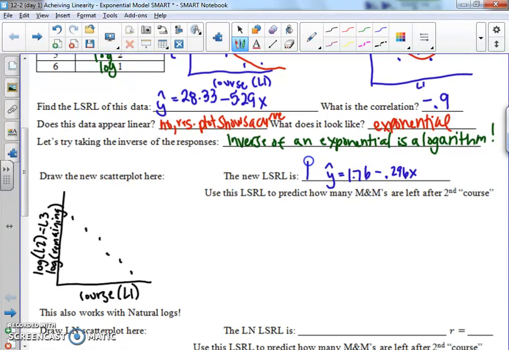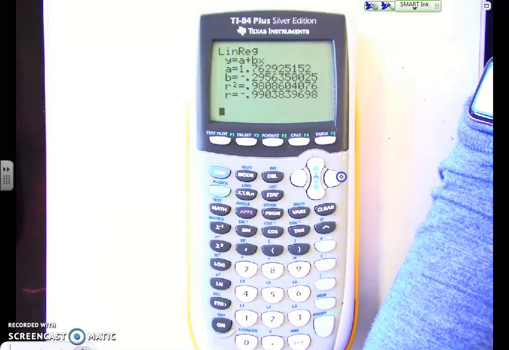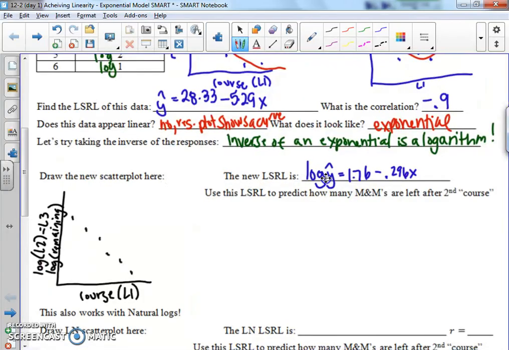What it's technically equal to is log of y hat, because remember, we took the logarithm of all of the y variables. So I'm still going to write the exact equation down that my calculator says here, but I'm going to write the log in front of the y hat because that's what I did. I took a logarithm of all of the y values in order to calculate this out.